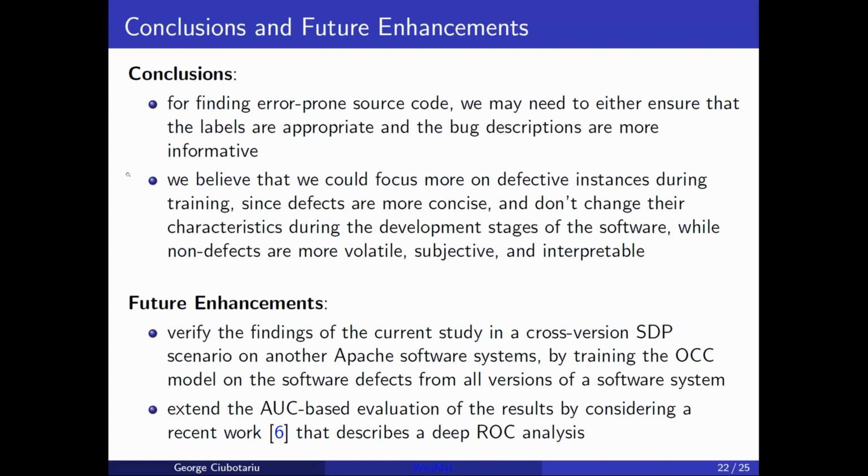Then we have the conclusion. So all in all, it is difficult to understand software defect prediction for bug annotated software like Calcite, because the annotation consists only of having a true or false label, like if there were defects or not.